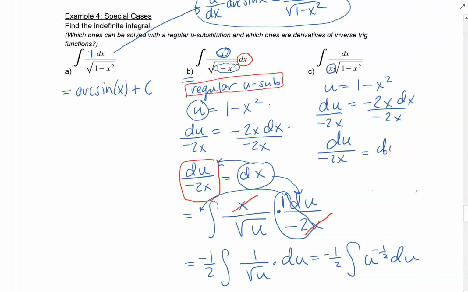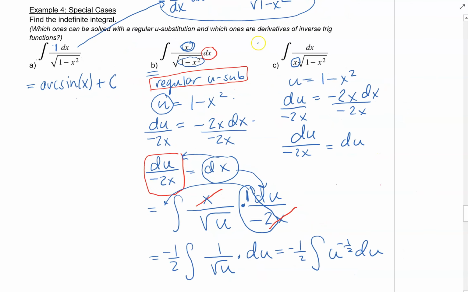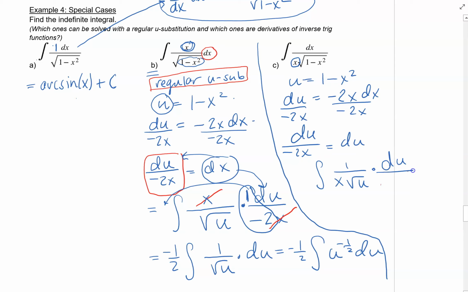And then you would realize, wait a minute, when I go to replace everything and try to get it in terms of u, my x's wouldn't cancel because I'd have 2 of them in the denominator, this one and this one. They don't cancel. So this integral would not be able to be solved with a basic u sub. Couldn't do it that way.